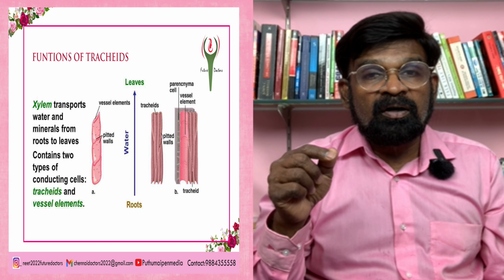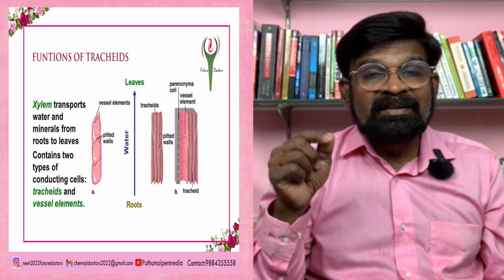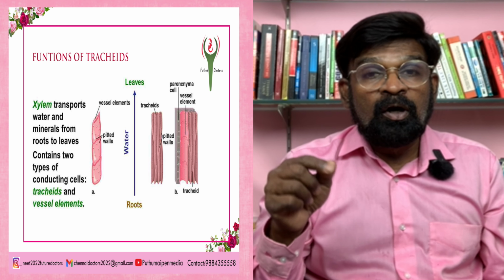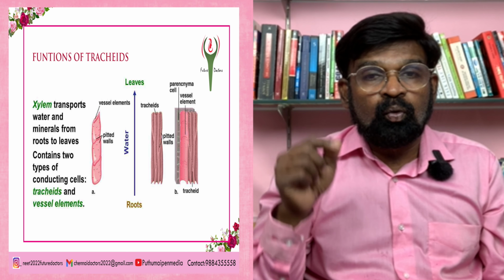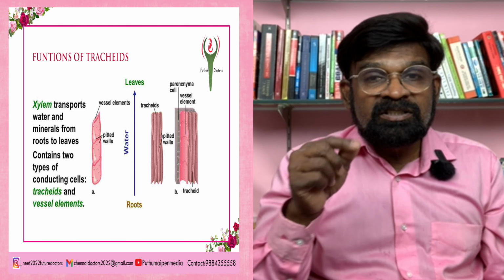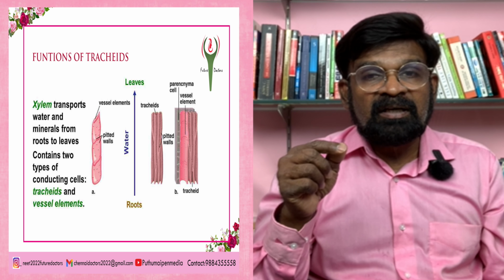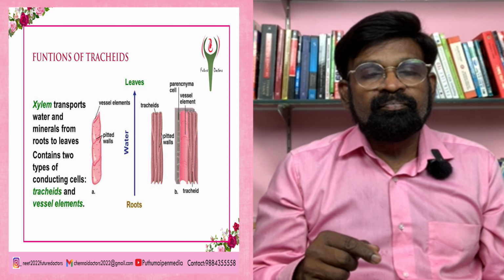Sieve elements are of the following two types. Sieve cell: it is a special kind of cell which possesses sieve areas in its lateral wall. Sieve tube members: in this type, the sieve areas are localized on its end walls.